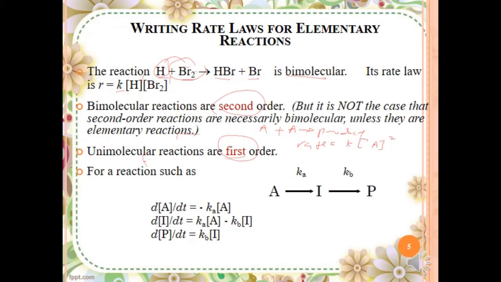If we look at this reaction here, A producing an intermediate to give us the final product, we will have two different rate constants: k_a with regards to A, which is the reactant, and for P the product, the reactant would be the intermediate, so we have another rate constant k_b. So this is the rate law.